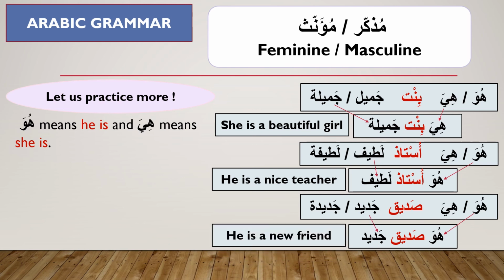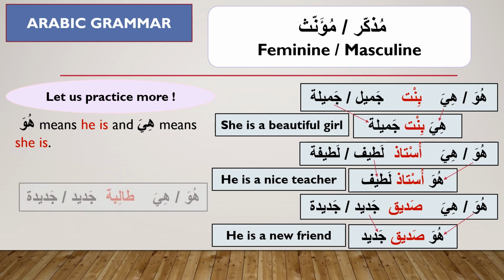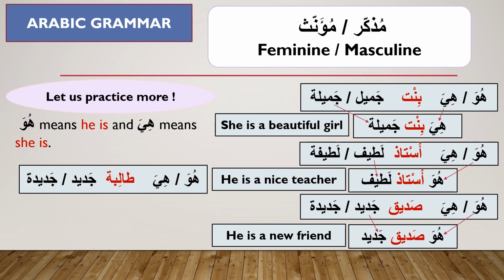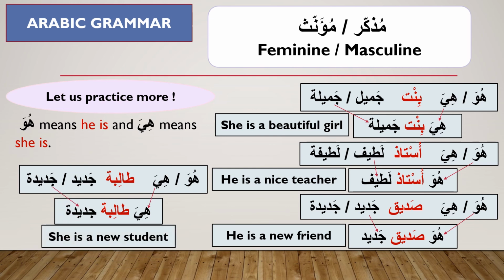He is a new friend. Look at the word طالبة. It has ta marbuta. It's a feminine noun for a female student. هي طالبة جديدة. She is a new student.